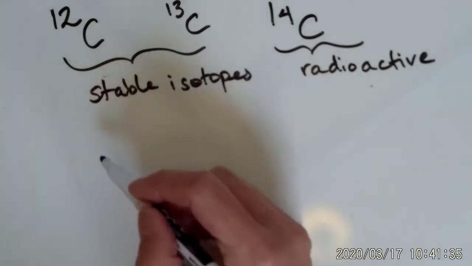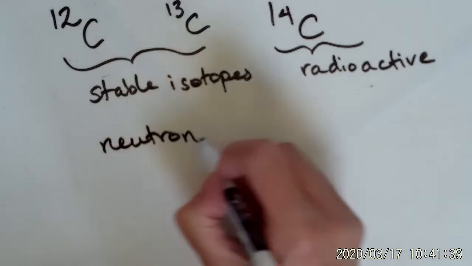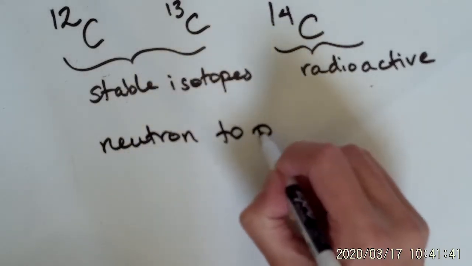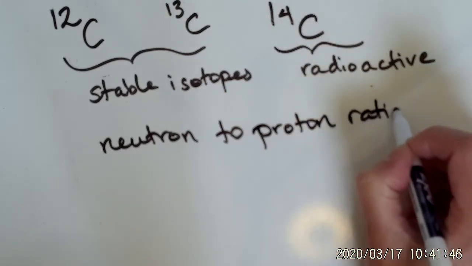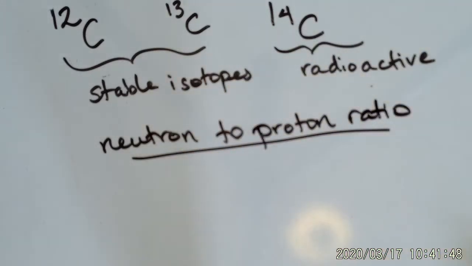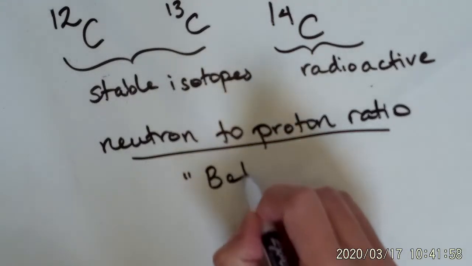So the first thing we're going to discuss is our neutron to proton ratio. Okay, and when we do that, what we'll see is that we'll be looking at what I like to call the belt of stability.